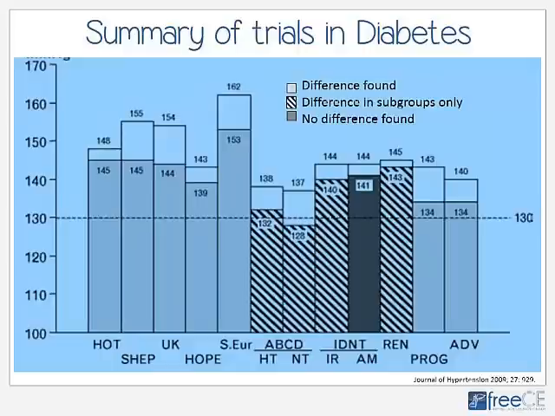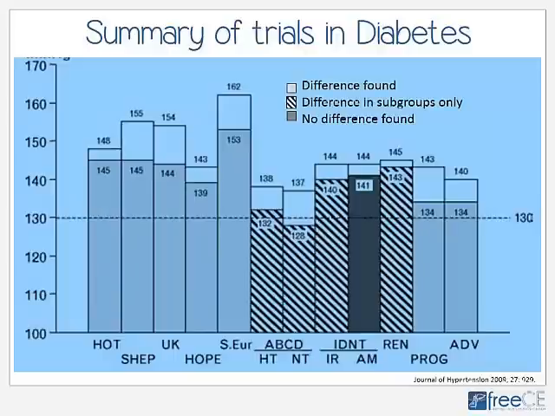So basically, what this chart is showing us is that in the majority of our blood pressure trials in patients who had diabetes, there is a statistically significant difference found between the treatments, regardless of the goal blood pressure achieved by the treatment group.